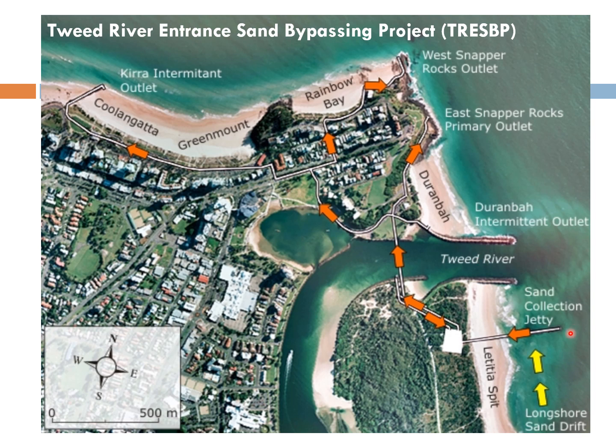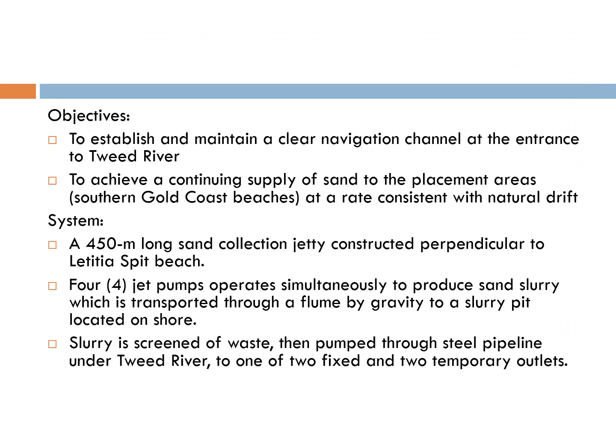A sand collection jetty is constructed here to pump and suck the sediment across the river to the downstream direction where the sediment may be released. These are further details on the project.